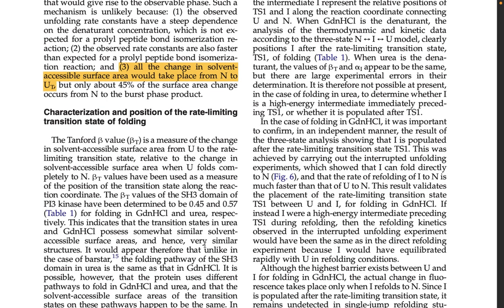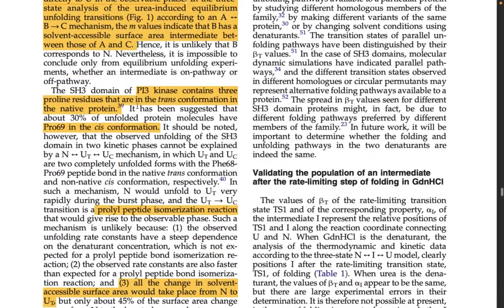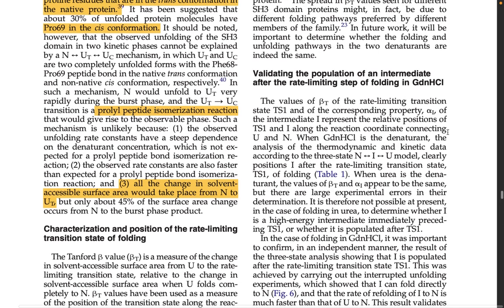Now, the characterization and position of the rate limiting transition state of the folding can be studied. Validation of population of an intermediate after rate limiting step of folding in guanidinium hydrochloride.